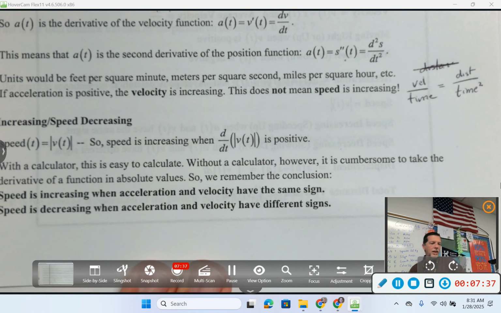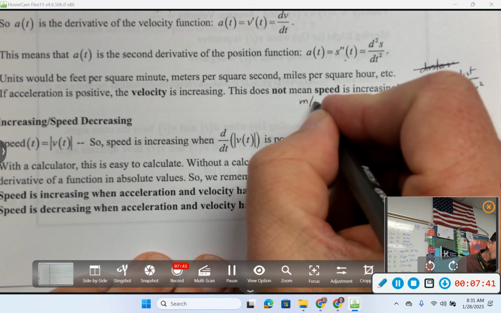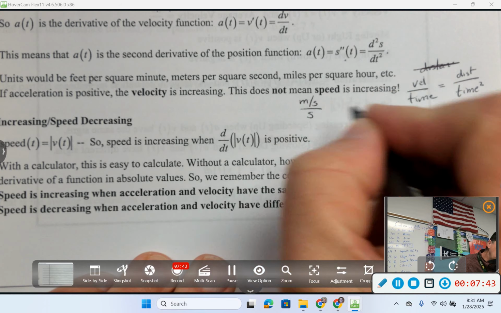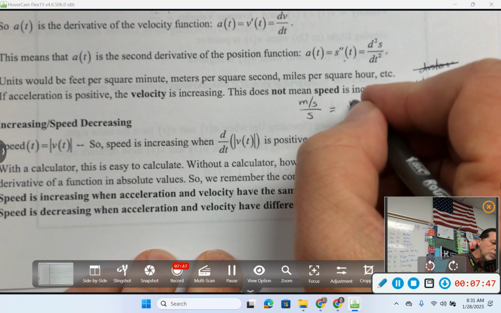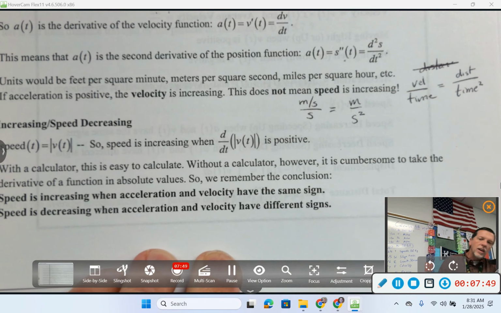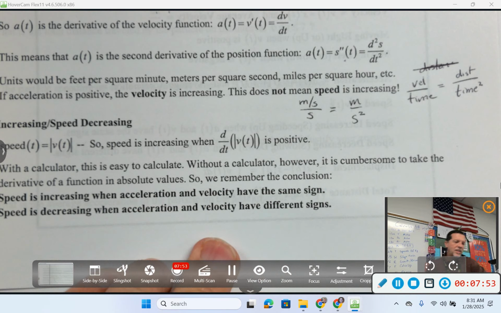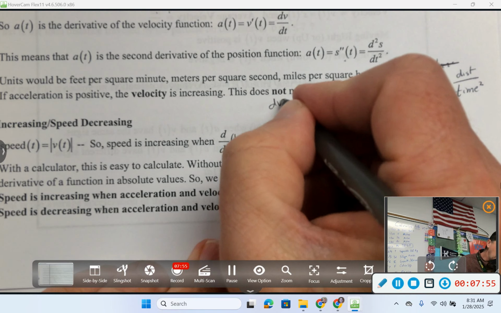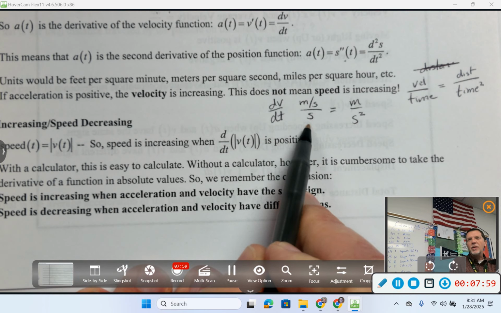But maybe you've heard this in physics, some physics teachers will say meters per second for acceleration. It's the same thing as meters per second squared, but meters per second is kind of preserving that change in velocity over change in time.